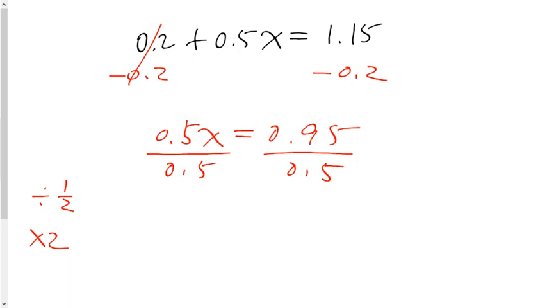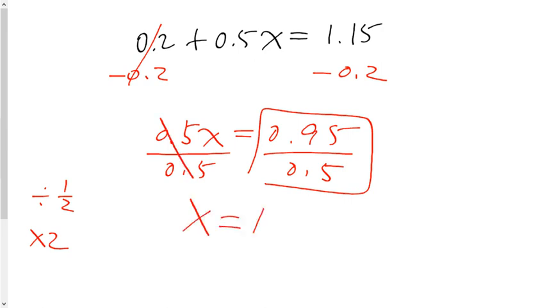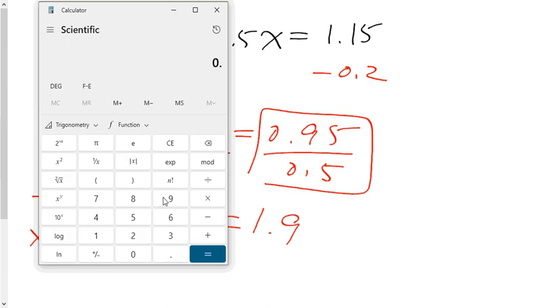So dividing by a half is the same thing as multiplying by 2. So all I really have to do is double 95 cents, right? Doubling 90 cents is $1.80. Doubling 95 cents is $1.90. So therefore, x equals $1.90 or 1.9. Now if you grab your calculator just to double check, 95 cents divided by a half is 1.9. Make sense? Okay.